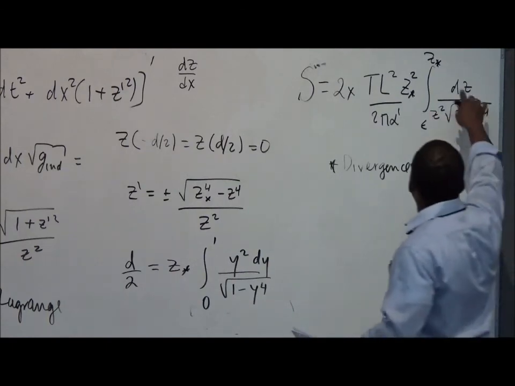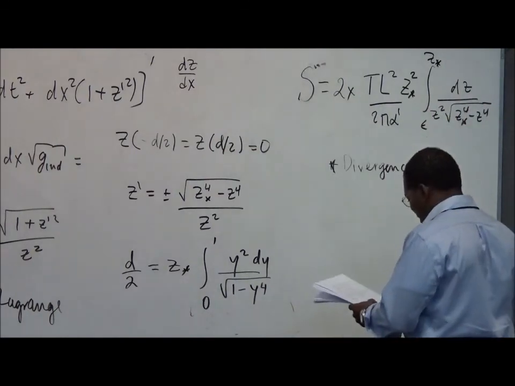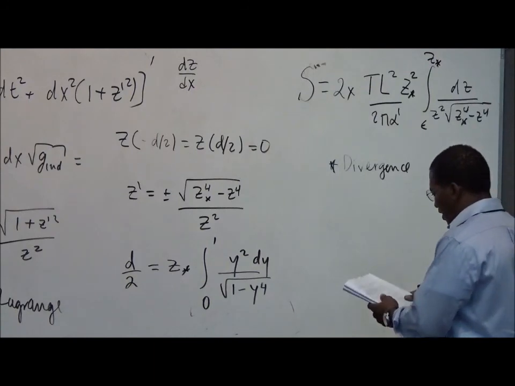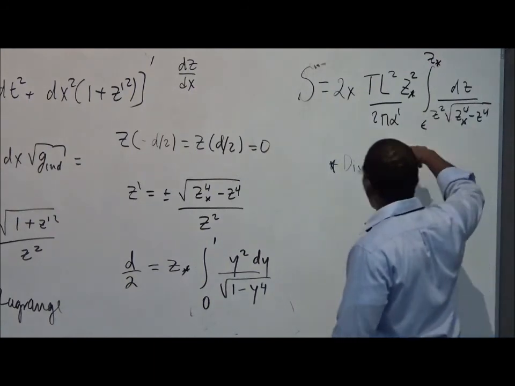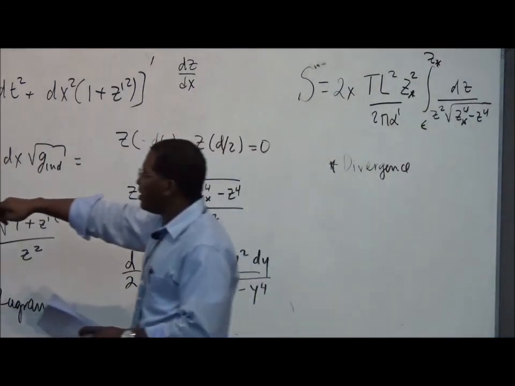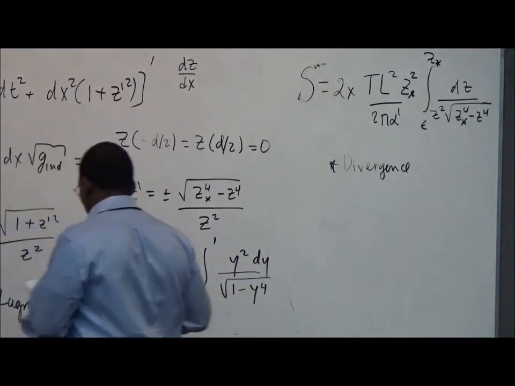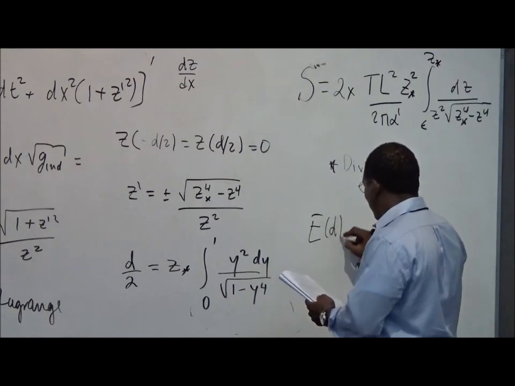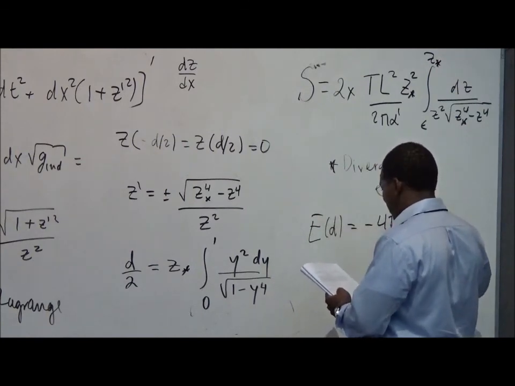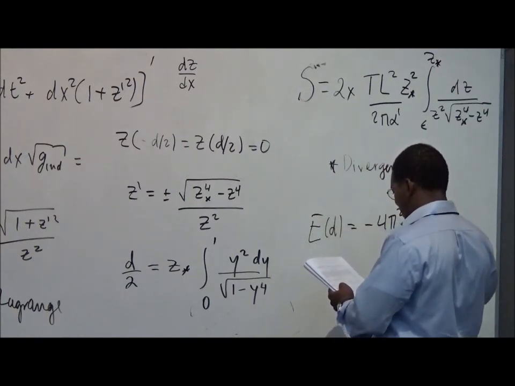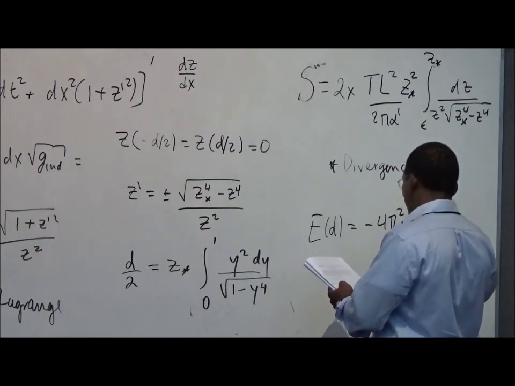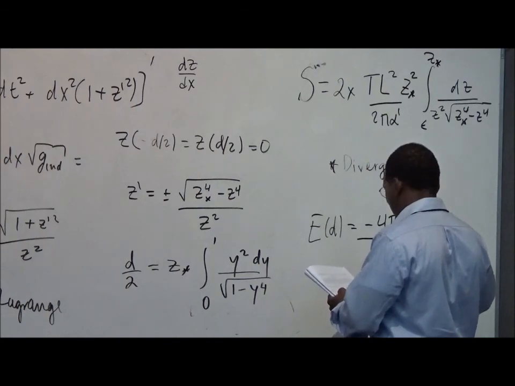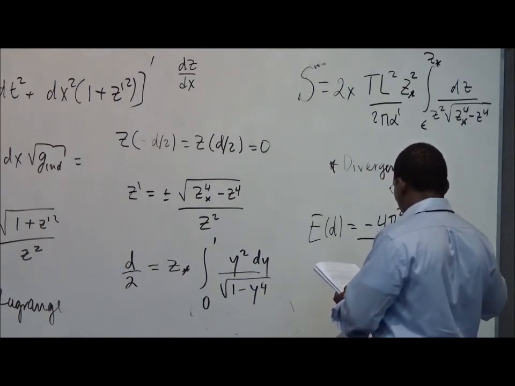Now this is an integral, and again there's a piece that is divergent. I don't want to bug you with a lot of details. But essentially, I'm going to evaluate this and immediately divide by T to get the energy. So what I get is the following. The energy of the quark anti-quark is minus 4 pi squared L squared, so there are some numerical factors here, over 4 alpha prime.